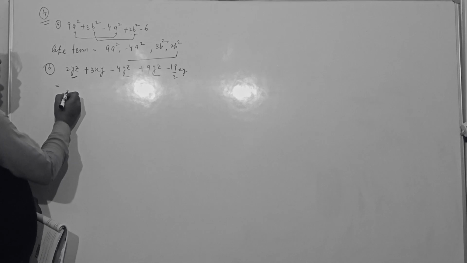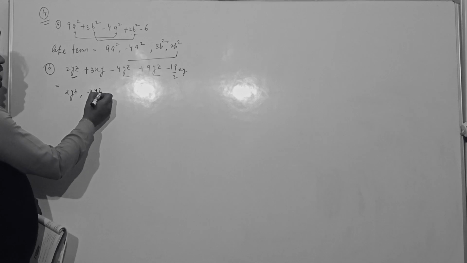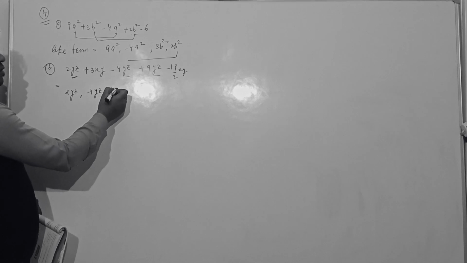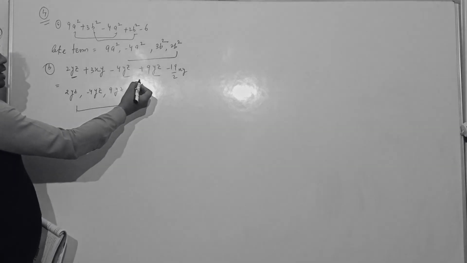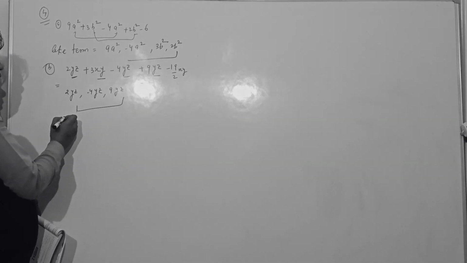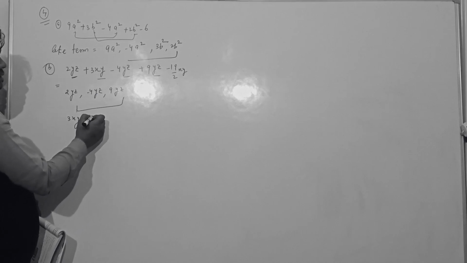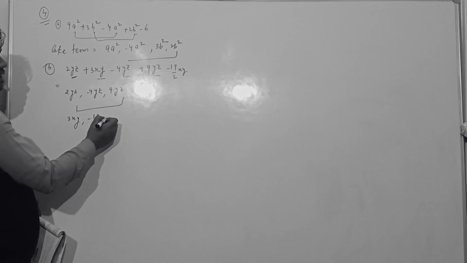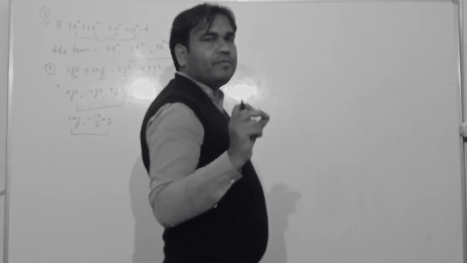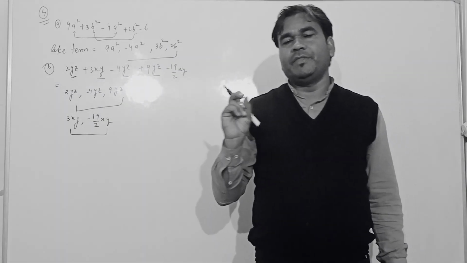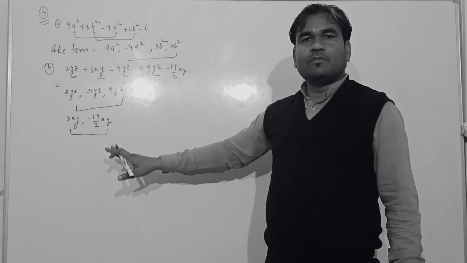So the like terms are 2yz, minus 4yz, 9yz. And in the same way, here you see xy: 3xy and minus 19 over 2 xy. So these are like terms. We can make the powers of the variables equal, and that tells us whether they are like terms or not.